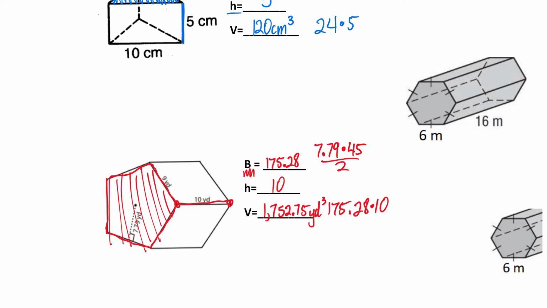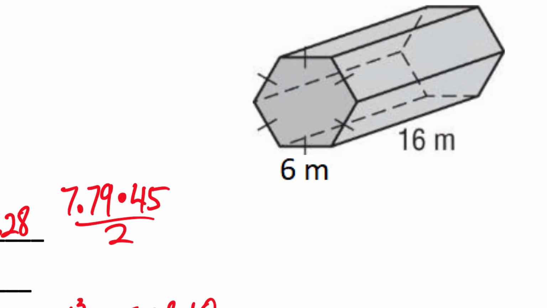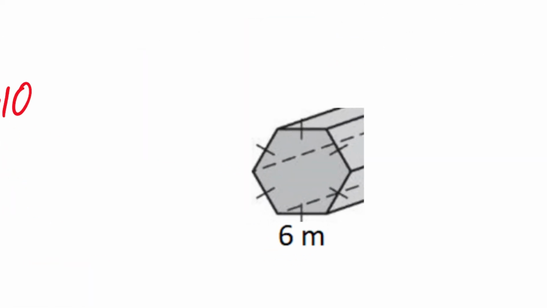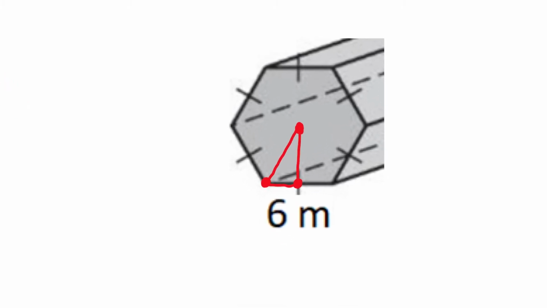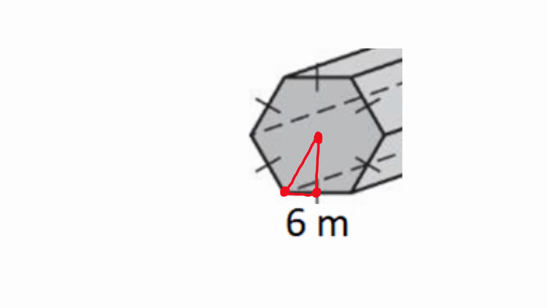Oh, no, not this again. Yes. No. Okay, so on this one, we need to know the apothem length. I'm going to cut out a few little steps that we did yesterday, but on this hexagon, this angle right here is 120 degrees.